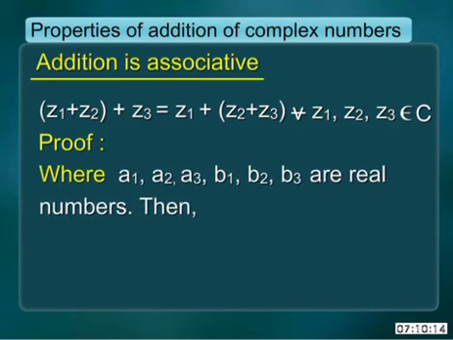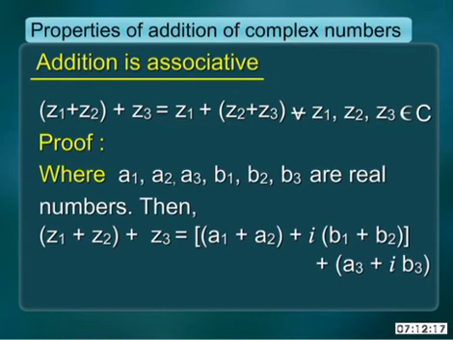Then, by the definition of addition, Z1 plus Z2 plus Z3 is equal to A1 plus A2 plus iota into B1 plus B2 plus A3 plus iota B3.